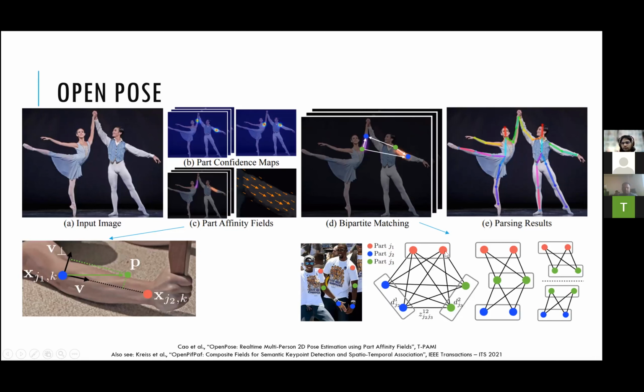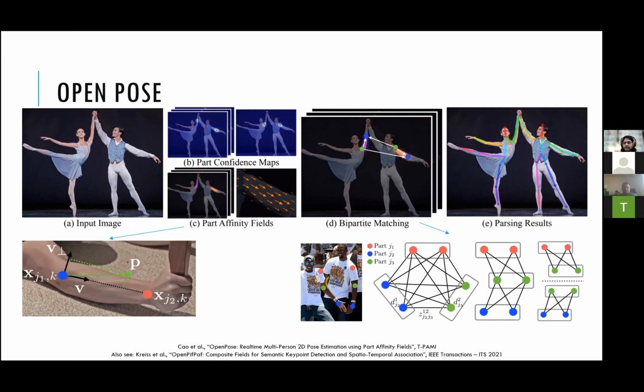So here we try to solve it using something in computer science called bipartite matching. That is, assign the particular joints as one side of the graph, the other joints as another side of the graph, and find the linkage that results in maximum value. For those interested, you can look at bipartite matching and the Ford-Fulkerson algorithm, the max flow algorithm.